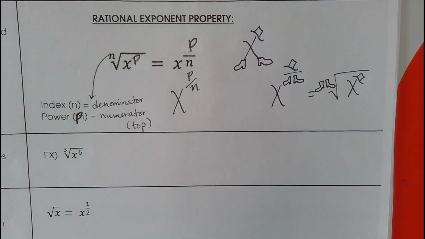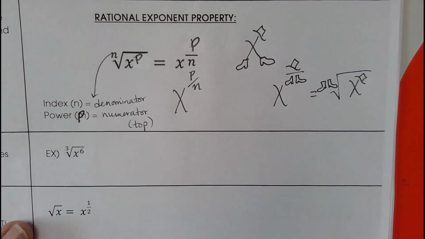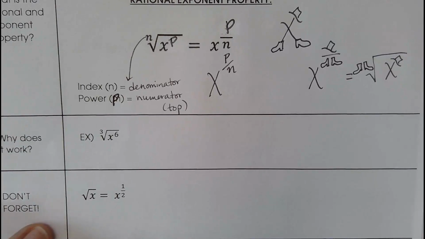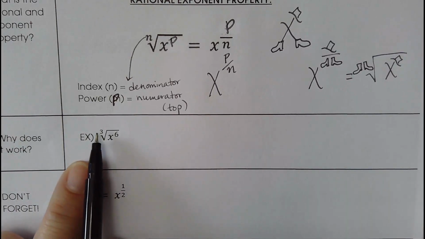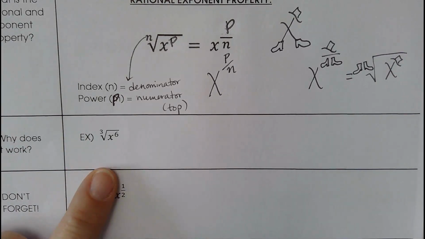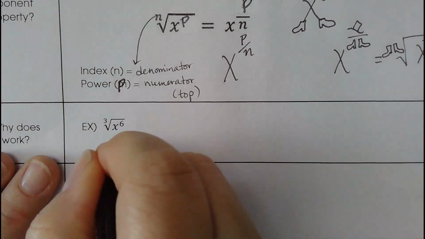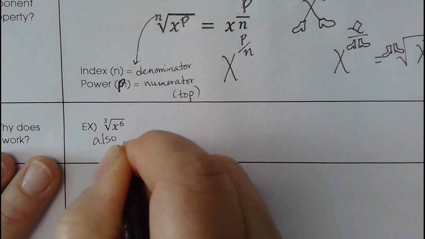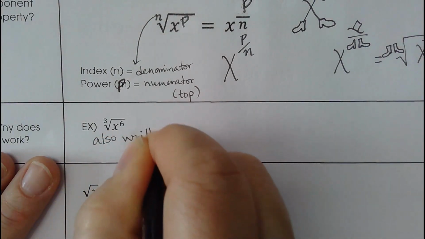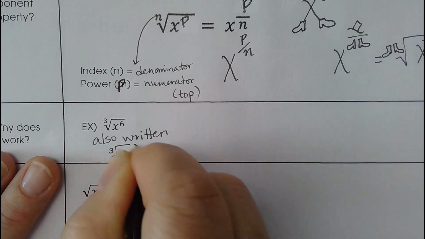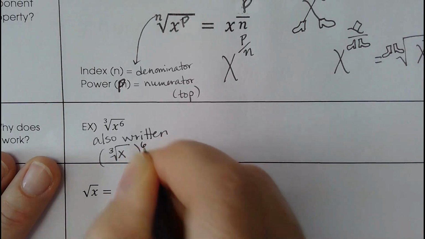And right under this, it says, okay, well, why does this work? So let's relate this to how we were simplifying radicals. Here I have cube root x to the 6th. By the way, it may also be written as cube root of x, and then that's raised to the 6th power.